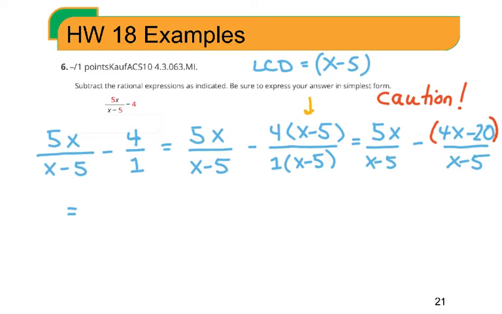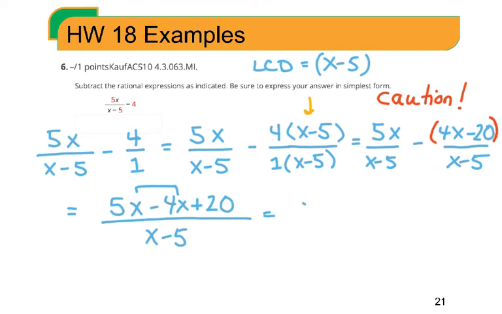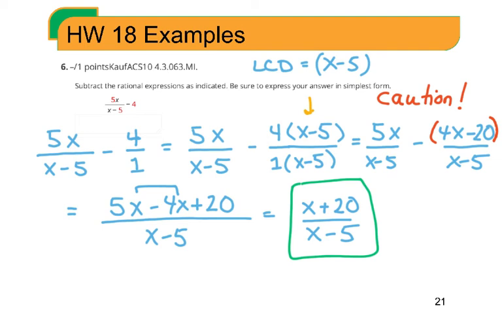So the next step, when we write it all over x minus 5, looks like this: 5x minus 4x plus 20. Now, what is that going to be? Combine these: x plus 20 over x minus 5. So these are not a lot of fun, but they're not overly difficult. You just need to be patient and careful. So we'll pause and come back and finish the homework in part 3.